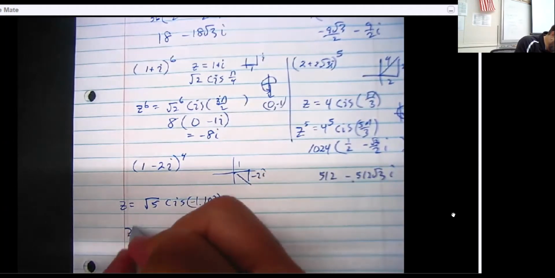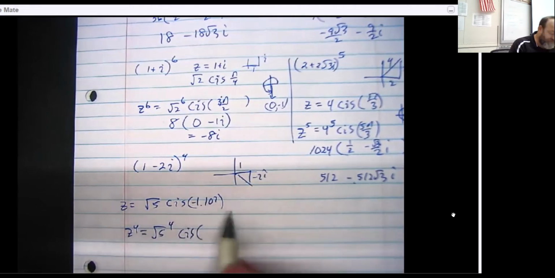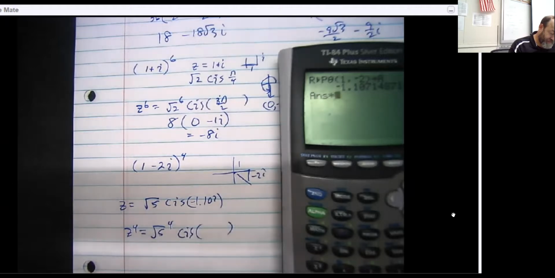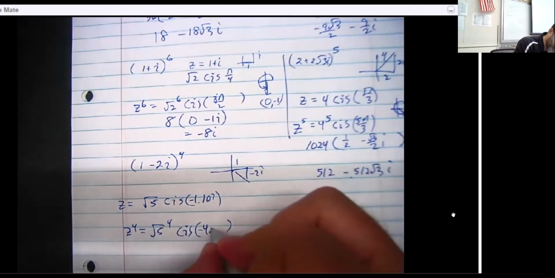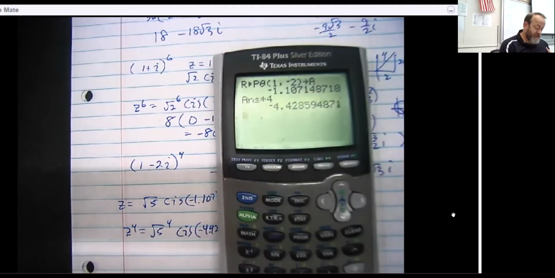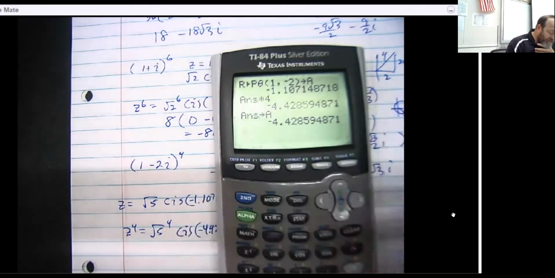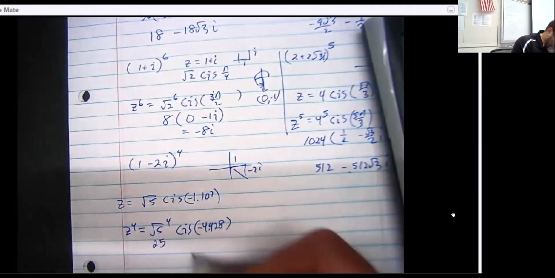So z to the 4th is going to be root 5 to the 4th, cis, again, 4 of those. And I think I'm going to store this one instead. Let's go ahead and restore that one, because that's actually the angle I'm going to use. So what I've got now is, by the way, root 5 to the 4th power is actually 25.